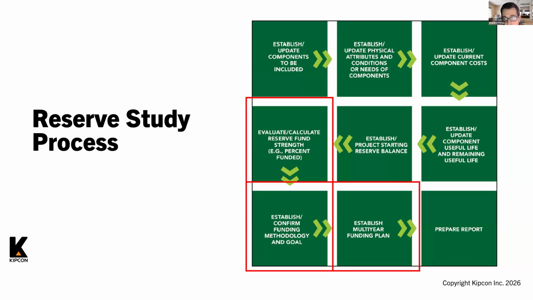And then these next 3 are what we're going to be focusing on the most today: evaluating and calculating reserve fund strength, establishing and confirming funding methodology and goal, and establish a multi-year funding plan. Those are the focus of today's webinar, so that's what we're going to be focusing on over the next hour.